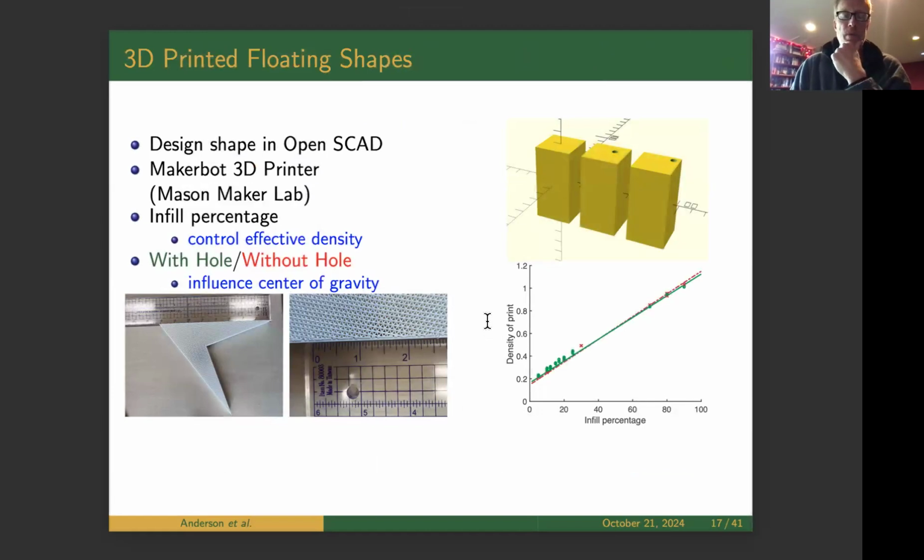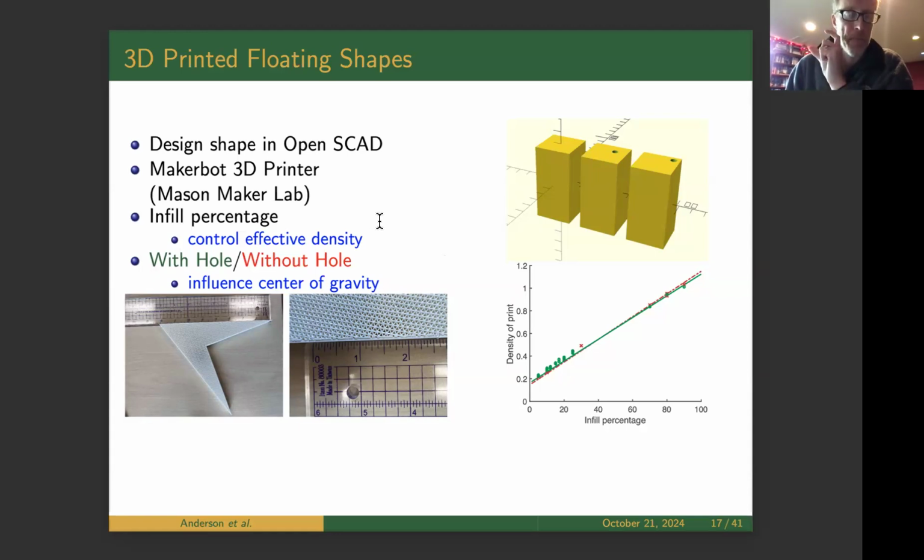People have done this for simple shapes, squares, rectangles, and we said we can do this for any shape. And if we make use of Evelyn's 3D print skills, we can also print them and see if we can float those as well. So our basic idea was to design shapes that we can 3D print.